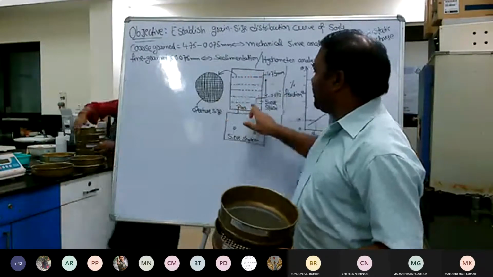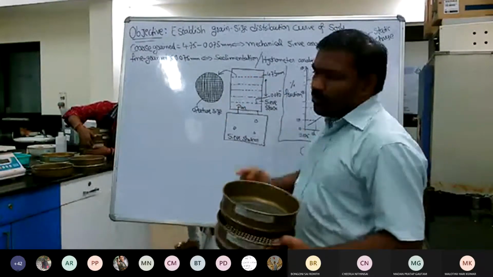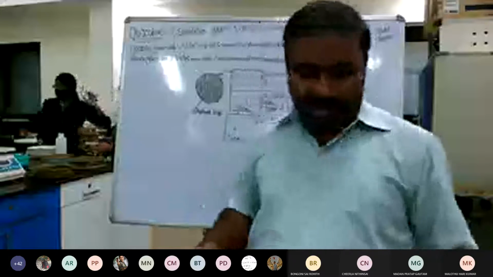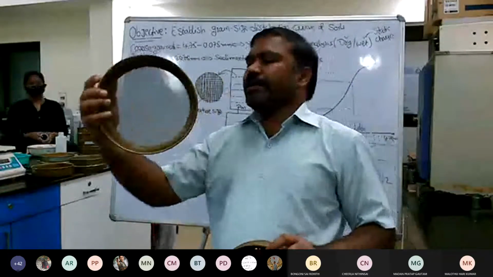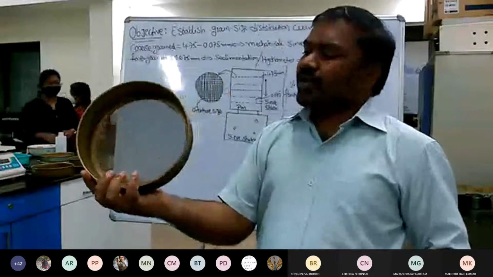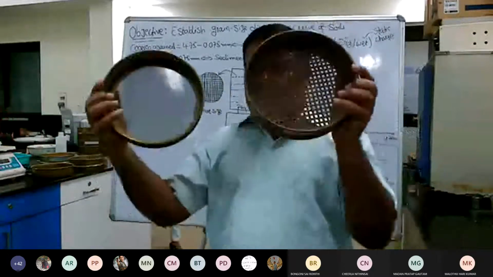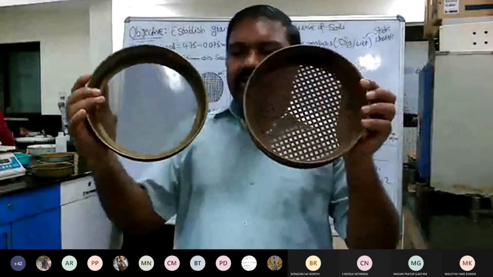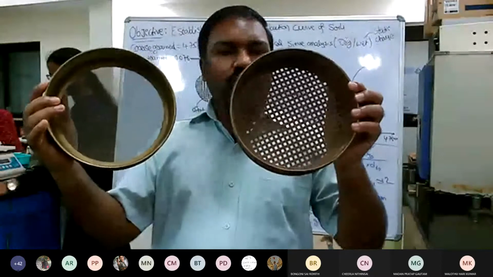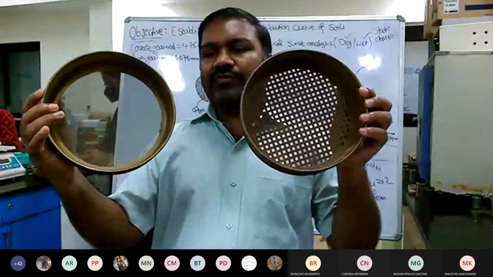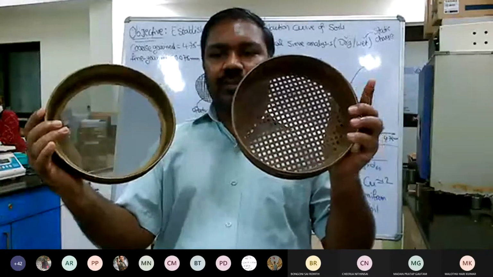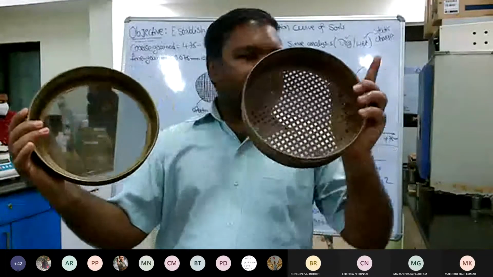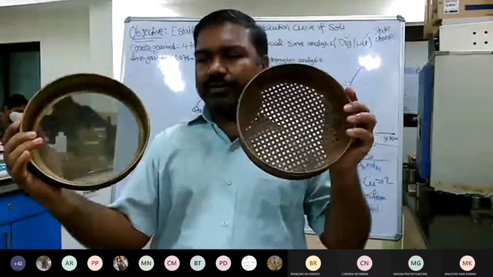Similarly, I am taking the largest size on the topmost, 4.75, and the bottommost right above the pan, another sieve whose size is 75 microns. If you closely look at the left side one and the right side one, on the left the aperture size is very big, 4.75 millimeter.